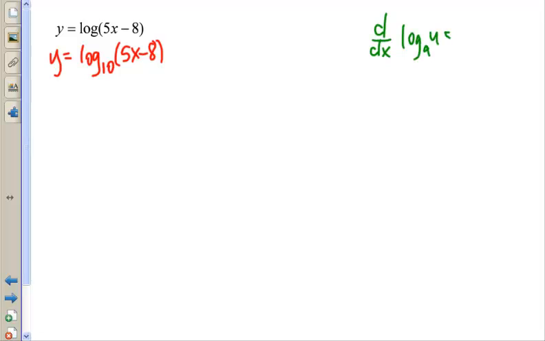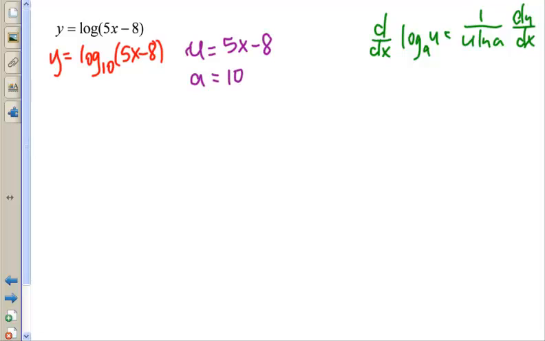So we need to let our u equal 5x minus 8 and let a equal 10. The derivative of u is just 5.